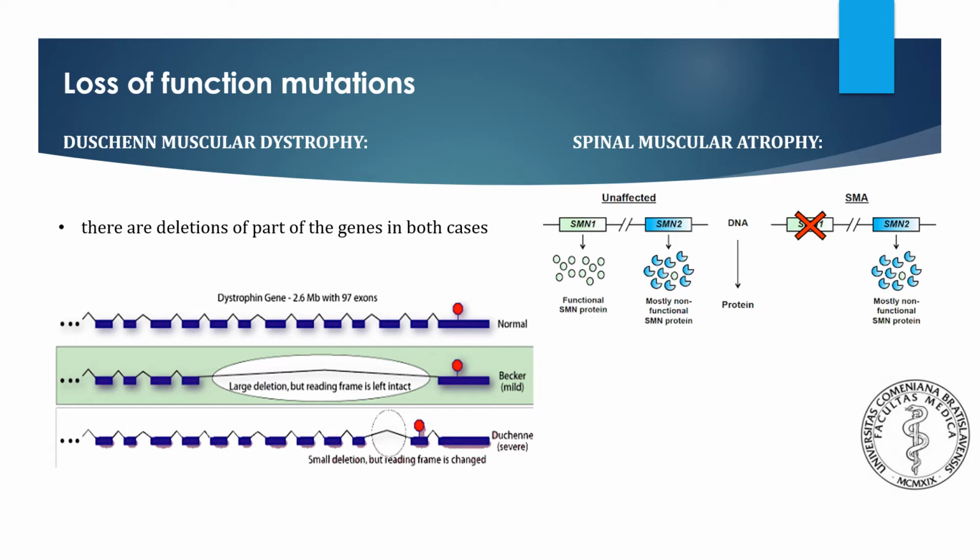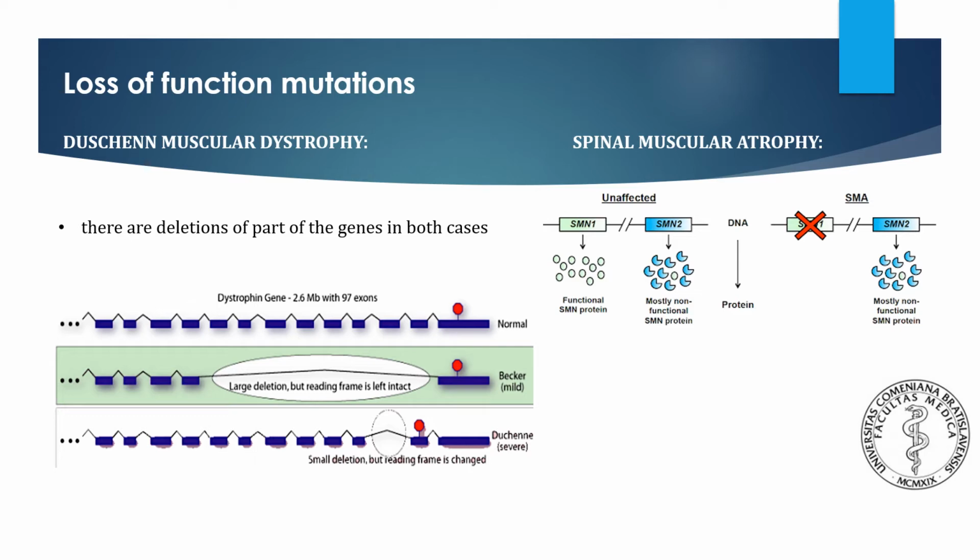Here it is also important to see the length of the actual gene. The dystrophin gene is one of the longest genes in the human genome. It has 2.6 million bases, but only 97 exons. And of course, it's not the longest. The longest is titin, which is also expressed in muscle tissue.